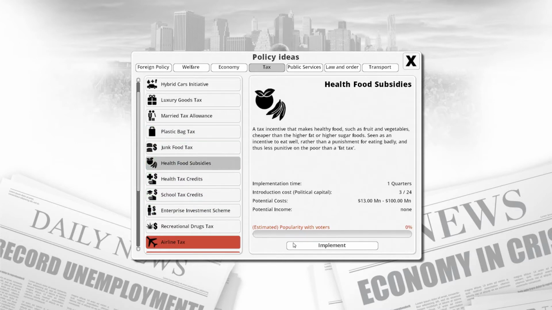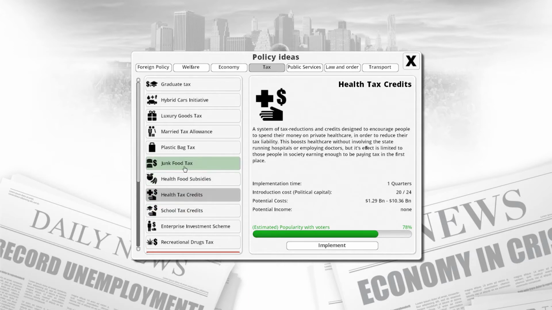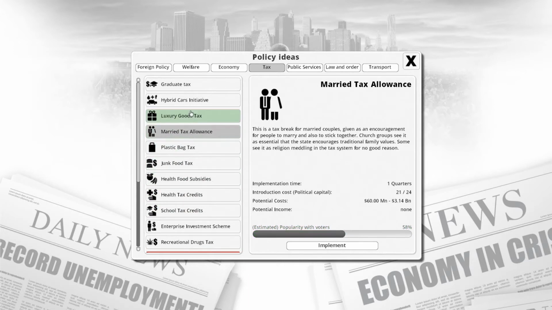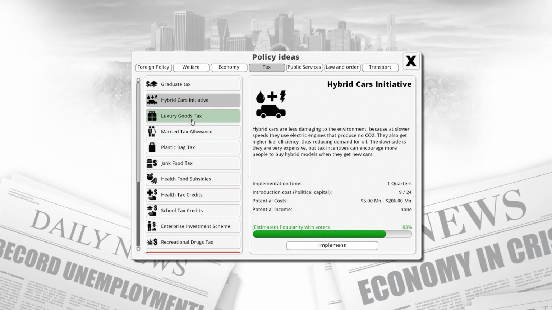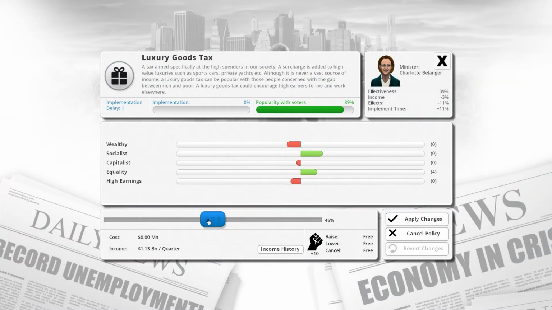We could even just click through, look at the estimated popularity, and that's usually a pretty good indicator of whether or not a policy is going to be worth it for you. This one, luxury goods tax, has pretty high potential income, so that could offset the cost of some things, and popularity with voters is very high. So that's always good when you can get income from something and people will actually like it.